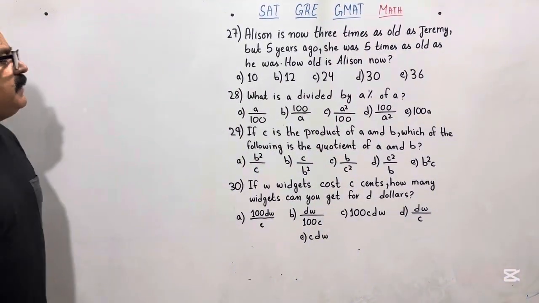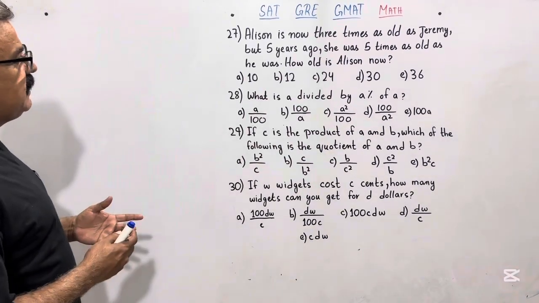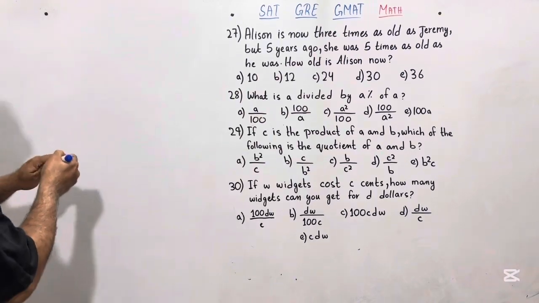Our first statement, let us translate. Alison is now 3 times as old as Jeremy. No doubt, Alison is older than Jeremy.